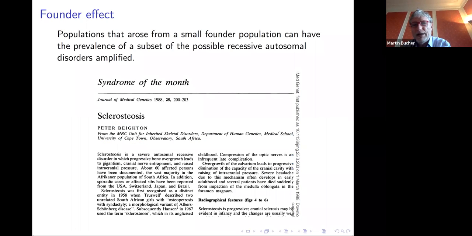And the other, I just chose this for South Africa, but there are many examples of this, of populations where there's a large group of people today who can trace themselves to a small founder population.